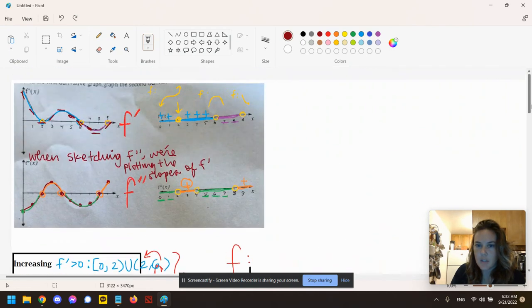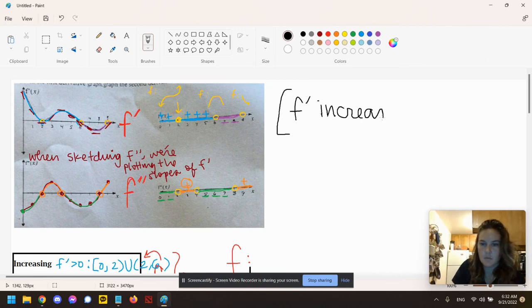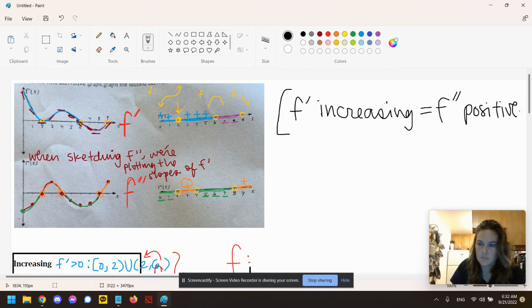Cool. And then the other big thing is, here's the equivalent statements, right? So when I ask you, is f prime increasing? The thing you can change that sentence to is, is f double prime positive? And all of these mean the same thing as, is f concave up.